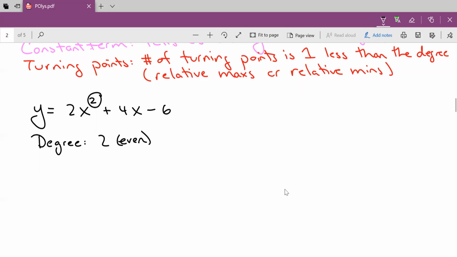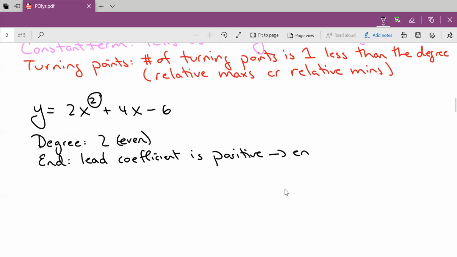Then I'm going to say to myself, how does the graph end? Well, to find that, I look at the lead coefficient. The lead coefficient is positive. So that tells me my graph will end up.